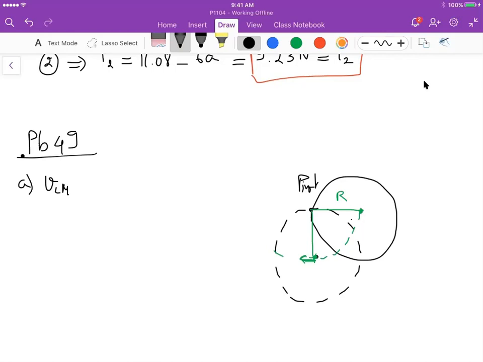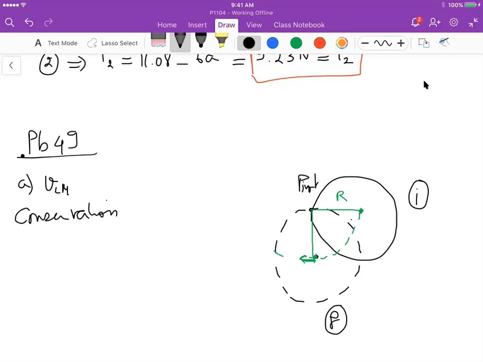So we have an isolated system, its mechanical energy is conserved, and we can apply conservation of mechanical energy between this initial position when the disk was horizontal, and then after being released, when it reaches the dashed position. So between the initial and the final state, we can apply conservation of mechanical energy. And so let's write this down.